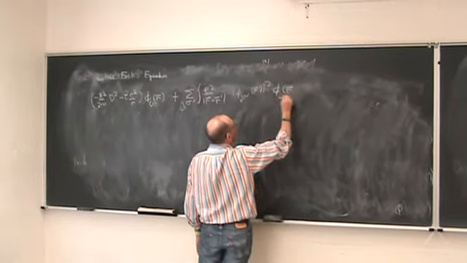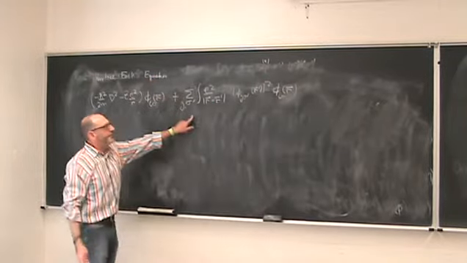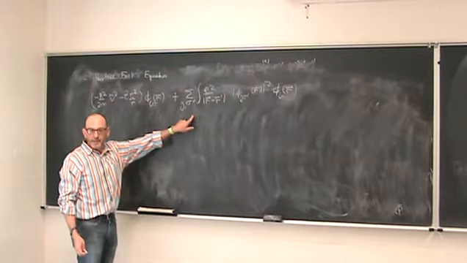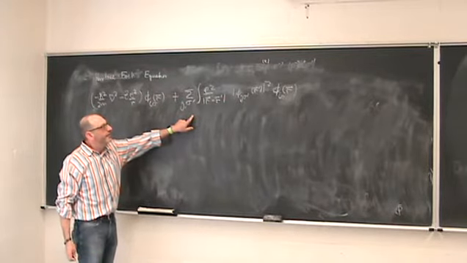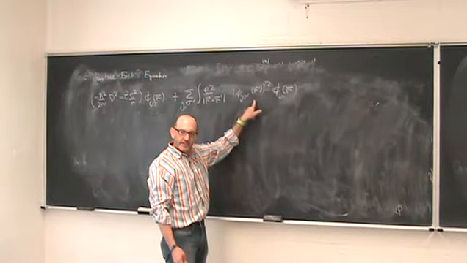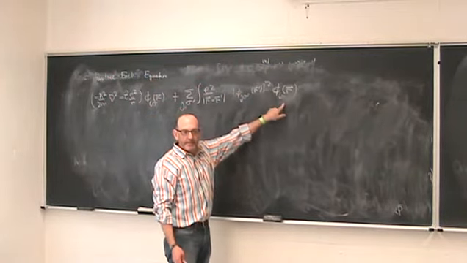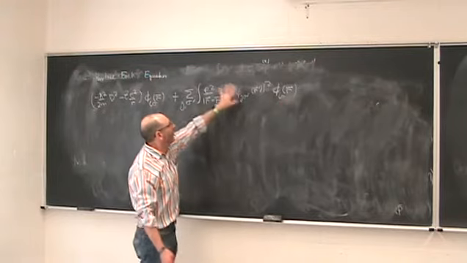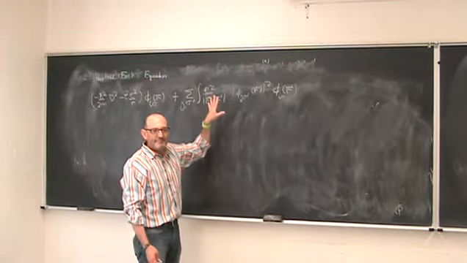Okay, so this term represents one. I'm not done yet, but this is one of the terms. This term represents the Coulomb repulsion seen by this electron due to all the other orbitals on average.